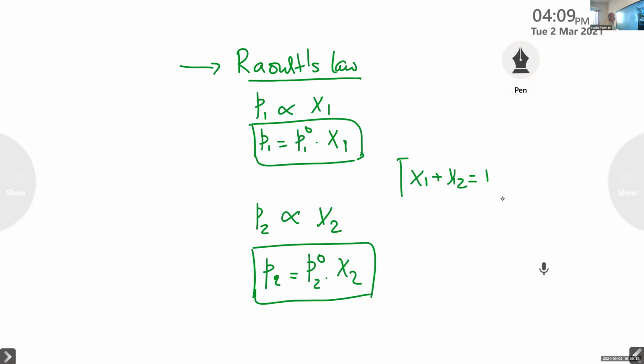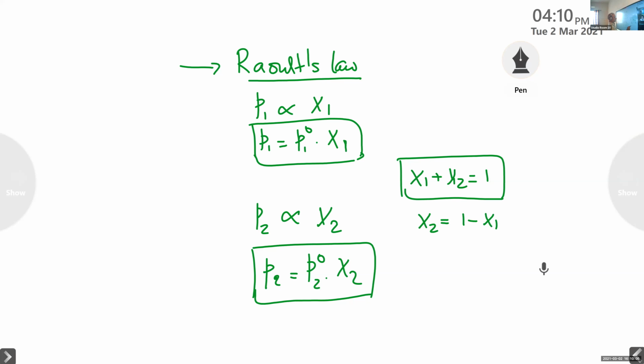So, if x1 is known to us, then x2 can be obtained like this: x2 is equal to 1 minus x1.